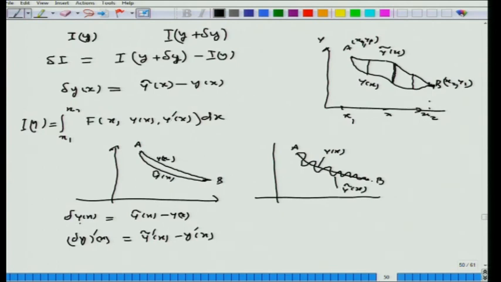And so, if we define delta y like this, y tilde(x) minus y(x), clearly then delta y prime is y tilde prime minus y prime(x), and you can clearly see that this is the same thing as (delta y) prime(x). So, the derivative of the variation is in this case the variation of the derivative.